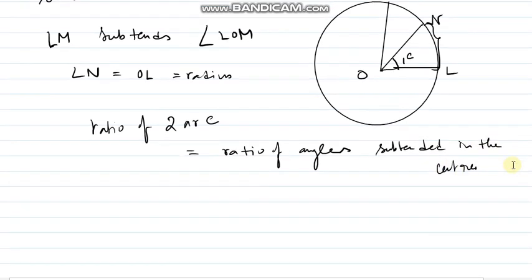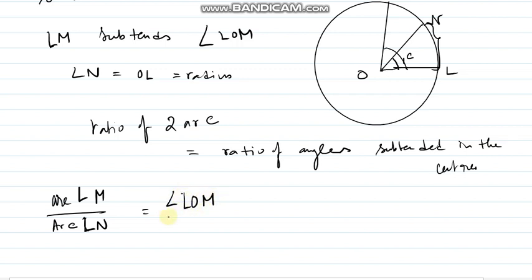So from this diagram can we write that the ratio of two arcs, arc LM divided by arc LN, equals angle LOM divided by angle LON, since arc LM subtends angle LOM and arc LN subtends angle LON?